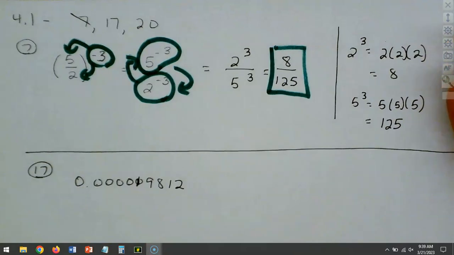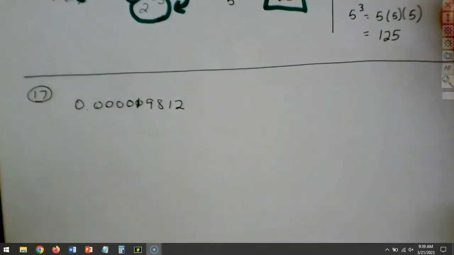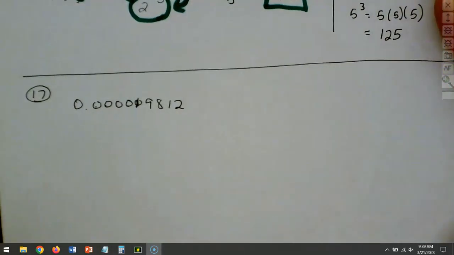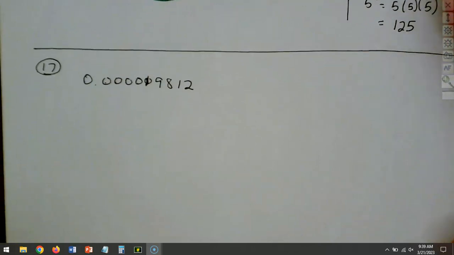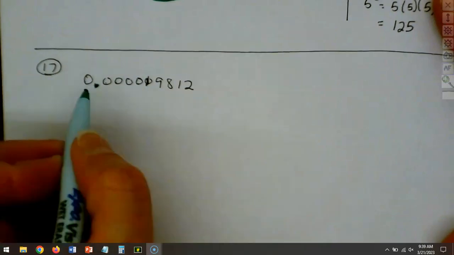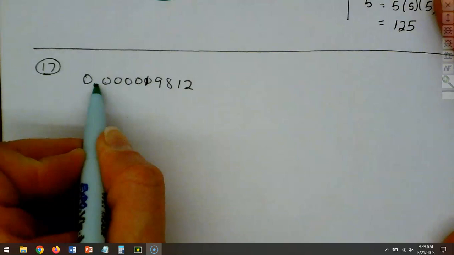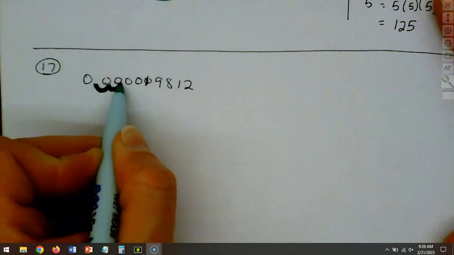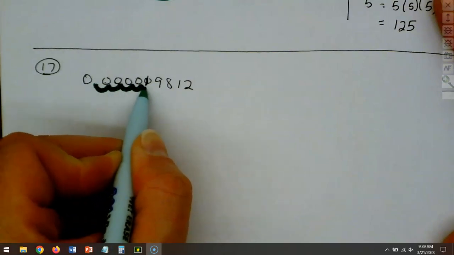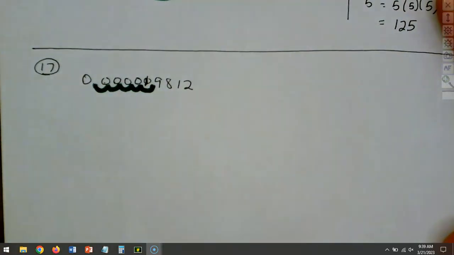So what we want to do is write this in scientific notation. Now, smaller numbers like this one that are less than 1, they're going to have a negative power of 10. And what we do is we count the number of places to get one digit and then the decimal point. So we're going to go 1, 2, 3, 4, 5 places, because you always want one digit and then the decimal.